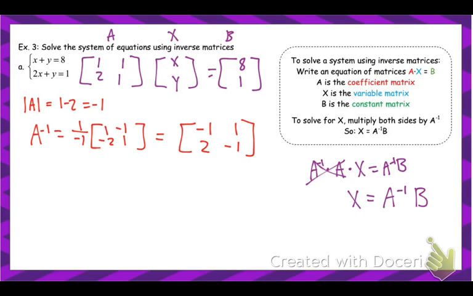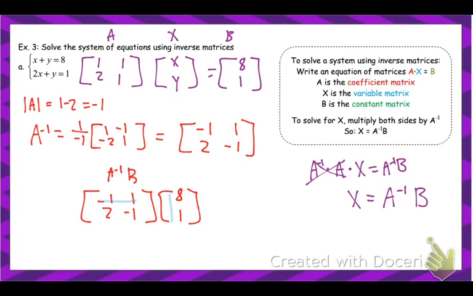Once I know the inverse, in order to solve, I'm going to do A inverse times B. So I'm going to do negative 1, 2, 1, negative 1 times 8, 1. So again, I would multiply row by column.